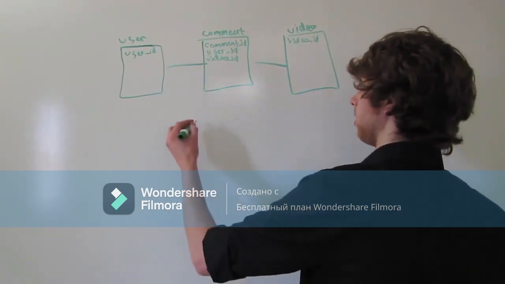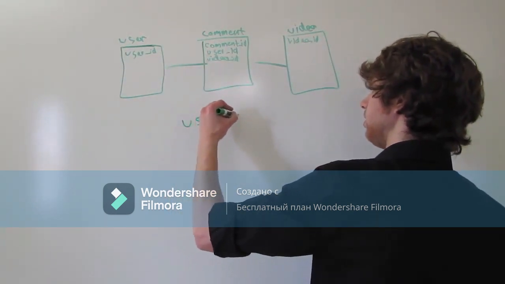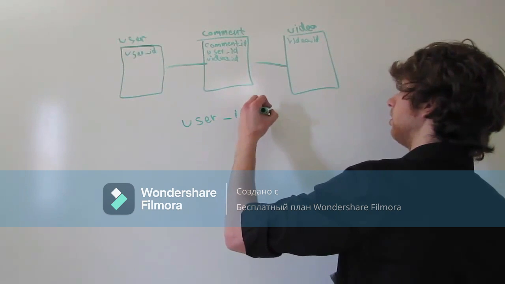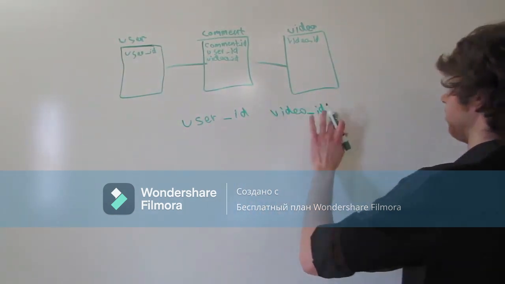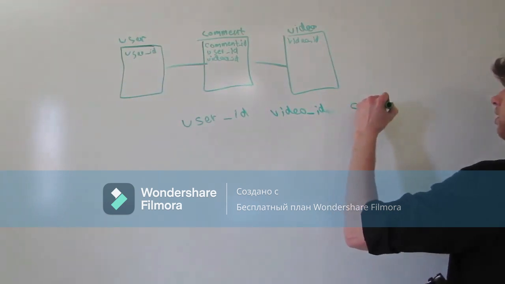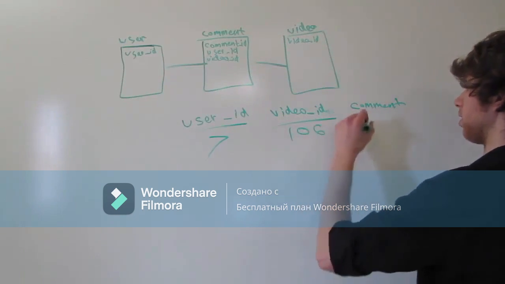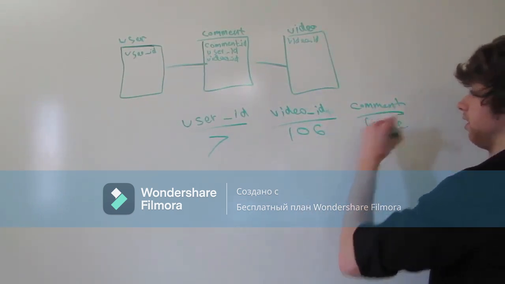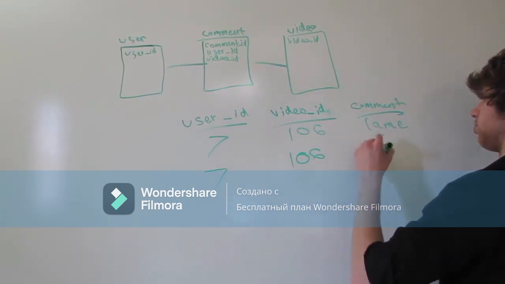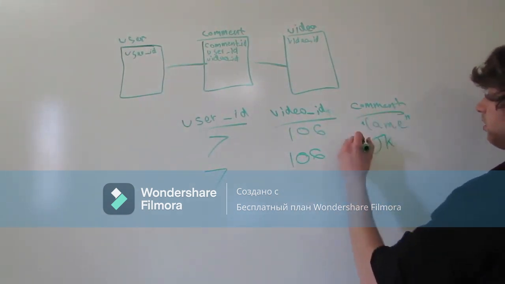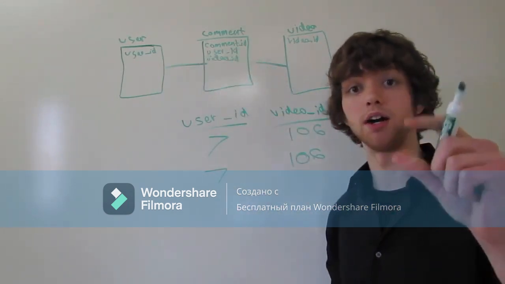So if we had this comment table, we could have user ID, video ID, and comment. The user ID was 7, video ID was 106, and the comment was "lame", and then the user ID of 7, video ID of 106 could be "JK". So, this is a bad idea. You wouldn't want to use those combined.